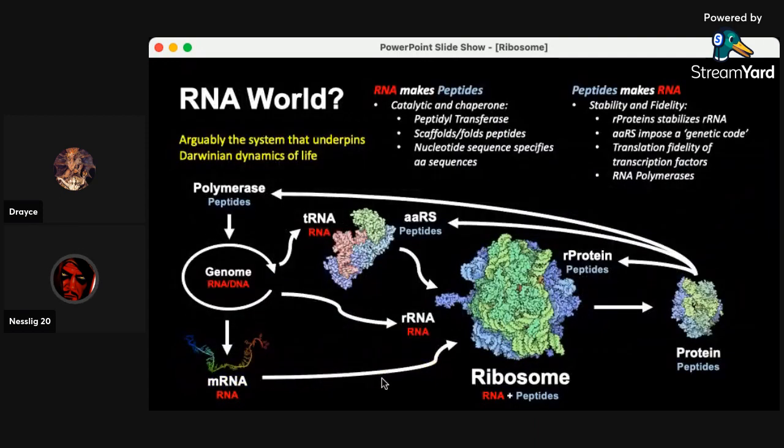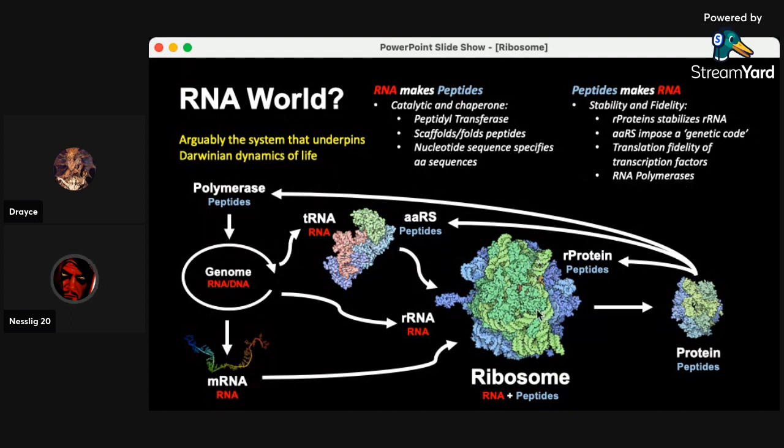Well, it has to do with how tightly this system is interlocked. We all know this system from high school: RNA makes peptides, and peptides make RNA. RNA performs the catalytic function and chaperone function, and peptides feed back on RNA by stabilizing it, like in the ribosome. It's made of RNA, but the ribosome is also made of protein, and the protein holds more of a stabilizing function, stabilizing the ribosomal RNA to perform more accurately.